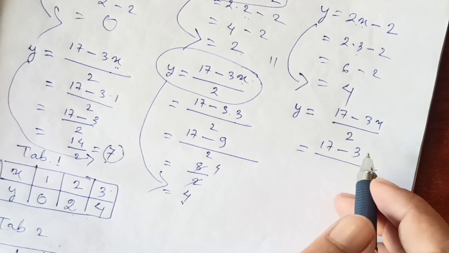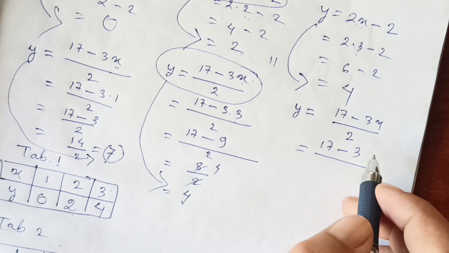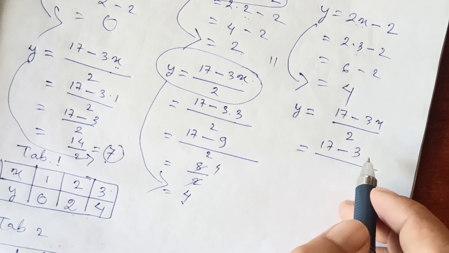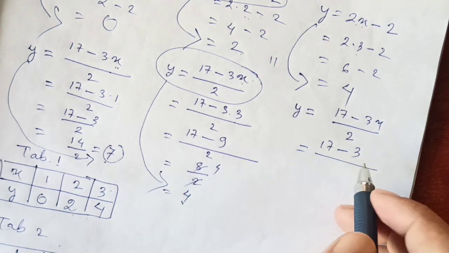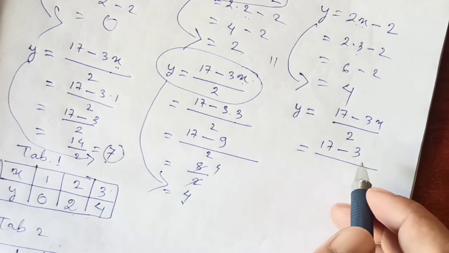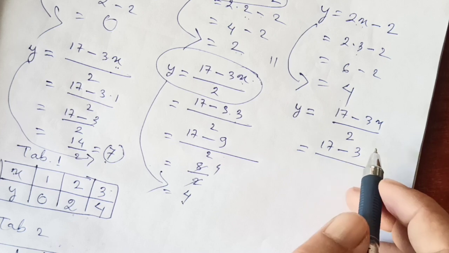Okay, now look, 3 we already took. What about 4? If we take 4, 3 fours are 12. That means 17 minus 12 is 5. 5 is an odd number.